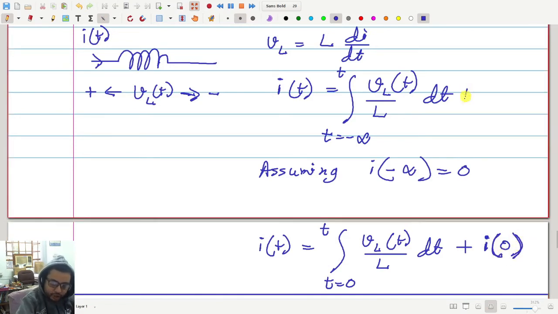In fact, here also we have the constant of integration, I at t equal to minus infinity, but here we are assuming that it is equal to 0. Sir, since we have limits, why do we need this constant of integration? Yes, you are right. Absolutely right.